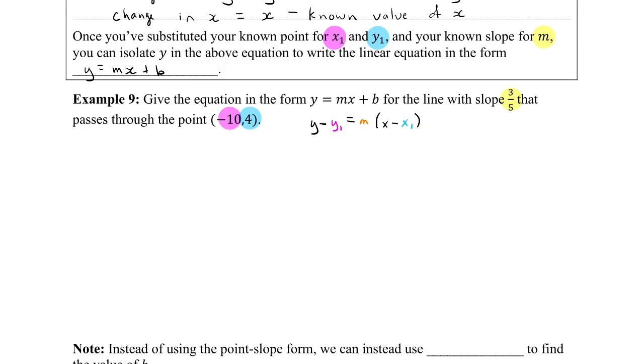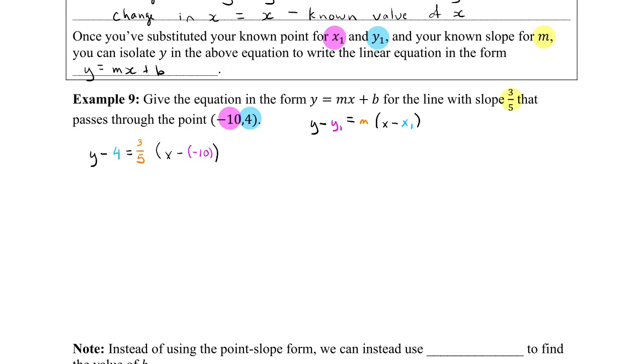Plugging into this form, we have y minus 4 equals our slope 3/5 times x minus -10. And so that's the equation for our line. If we just want any old equation for this, we're done. We now have an equation describing the relationship between x and y.